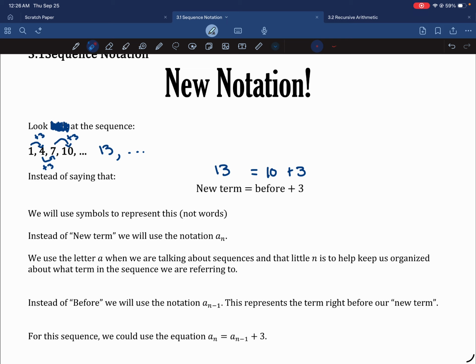If the new term is 13, the term right before that is 10. You just go back one. So that's why we call it a sub n minus 1. So again, a sub n is new term, and a sub n minus 1 is the before term, okay?